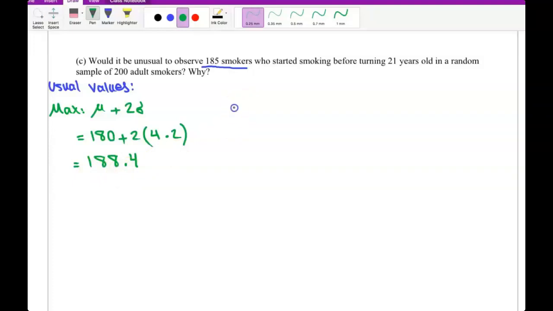Okay, now finding the minimum value. So this is the mean minus 2 times standard deviation. That is 180 minus 2 times 4.2. It's 171.6.